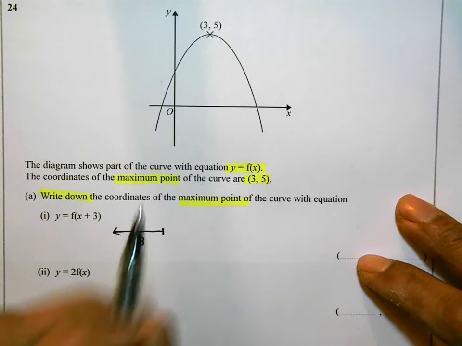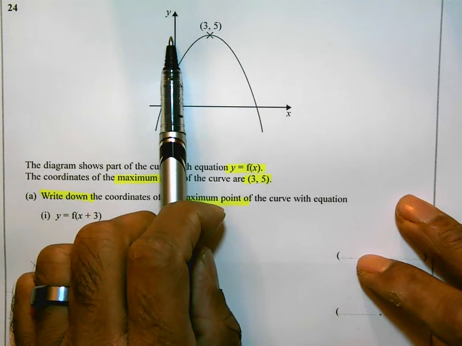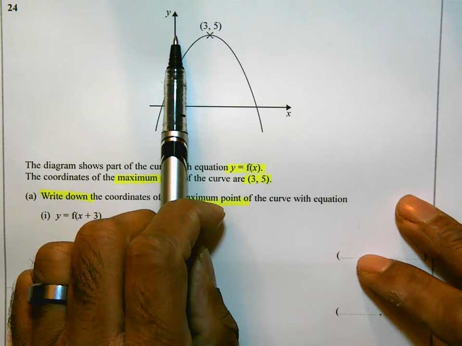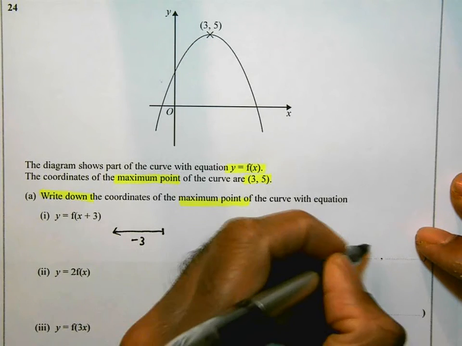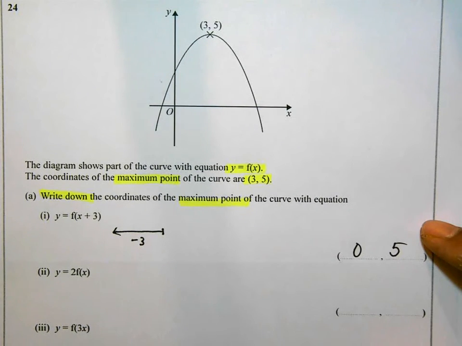So all the points, so this maximum point here, is just going to be shifted across by 3 units. If it goes across to the left by 3 units, then the x-coordinate is going to become 0. The y-coordinate will be the same. So the maximum point is going to be 0, 5. Okay, that's where it's going to become. But as I said, you just need to know your graph transformations.